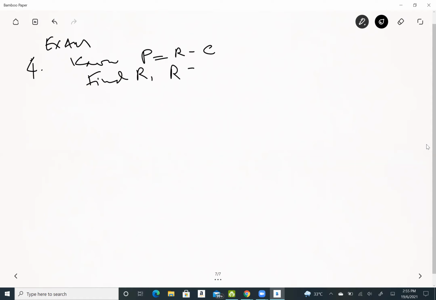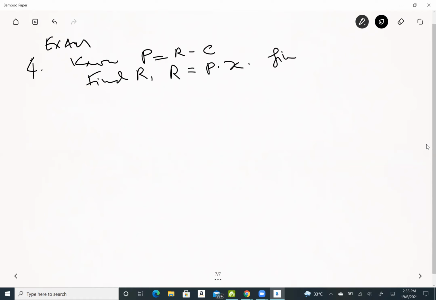Now, for question 4, this is the exam. We have a problem here to maximize profit. So we know that profit is equal to revenue minus cost. So what we need to do here is, first, I need to find revenue. And revenue is equal to P times X. Okay, P times X is revenue.